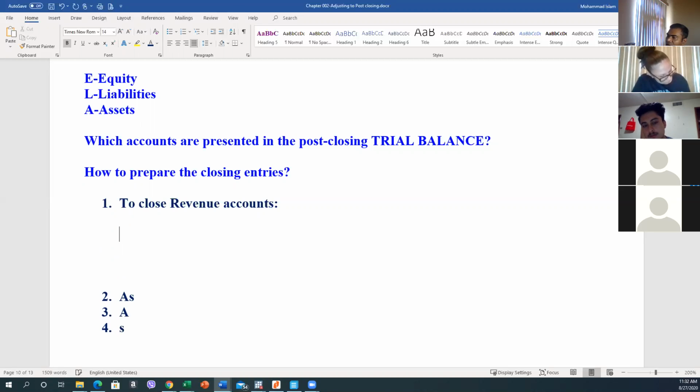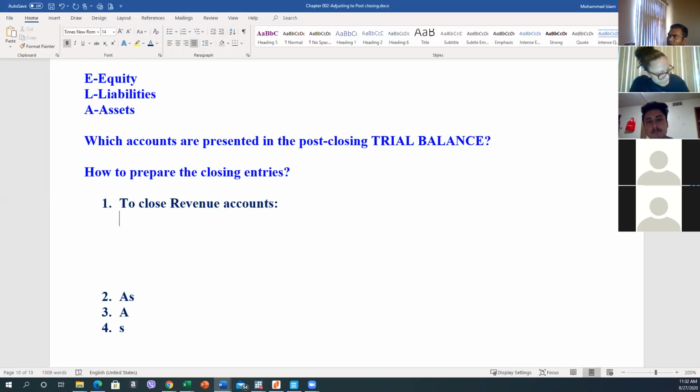To close the revenue accounts, what should we do? Revenue accounts normally have a credit balance, correct? So if we want to close them, we need to debit them. Did you get my point?